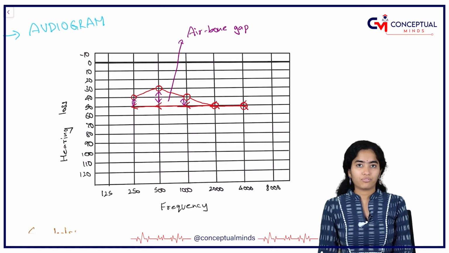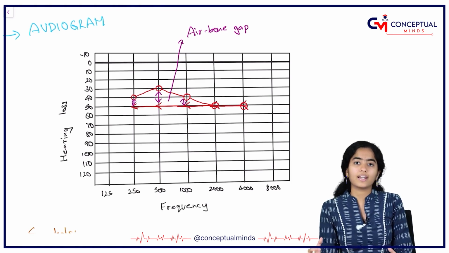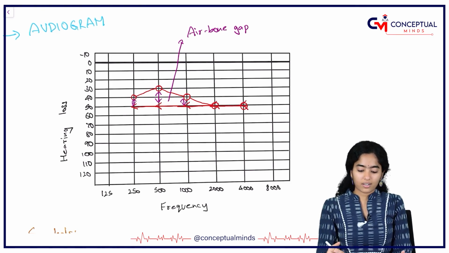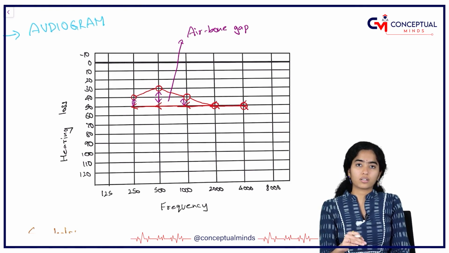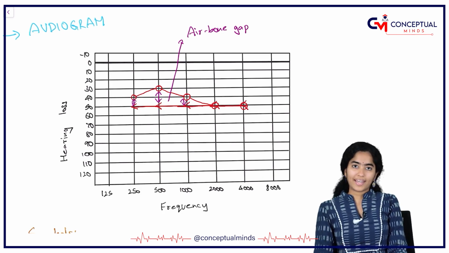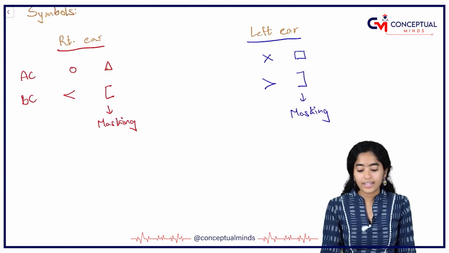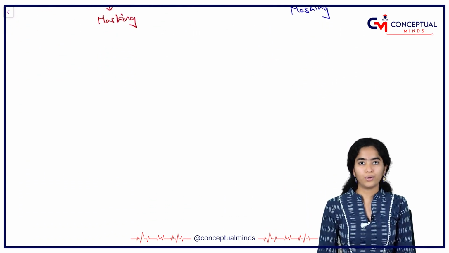I have taken random figures just to make you understand how an audiogram looks and how it is plotted: what air conduction is, what bone conduction is, what symbols are plotted there, and how an air-bone gap looks. Okay, so let us see the interpretations of an audiogram.